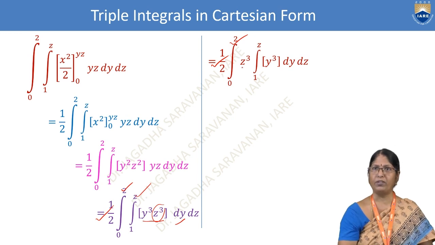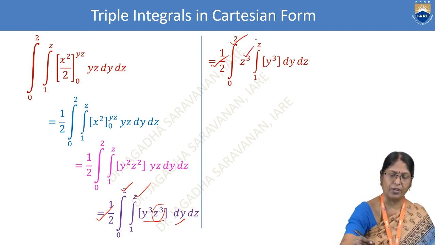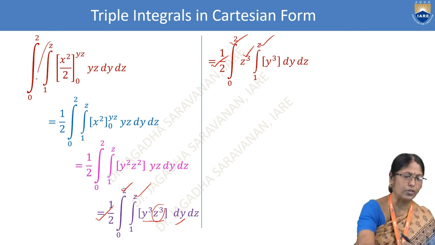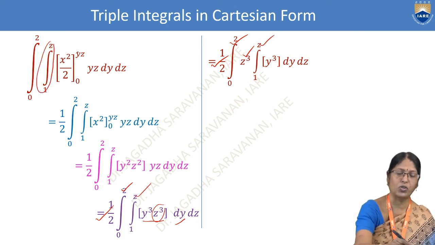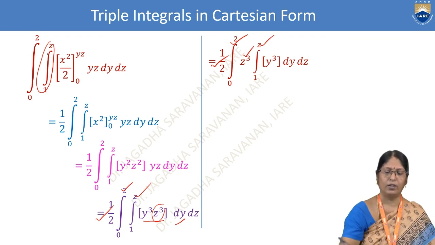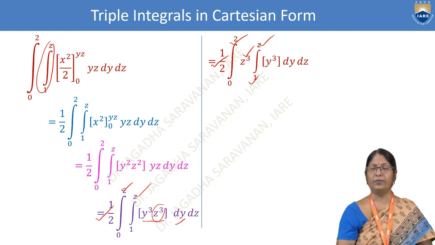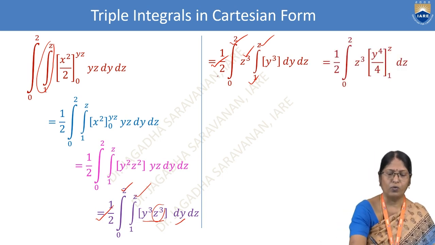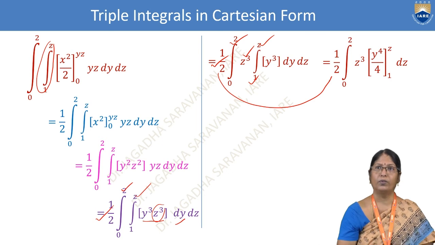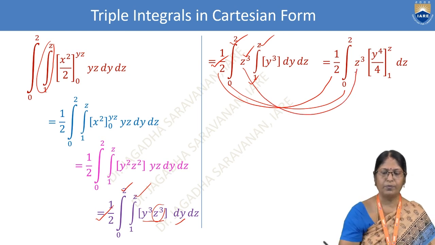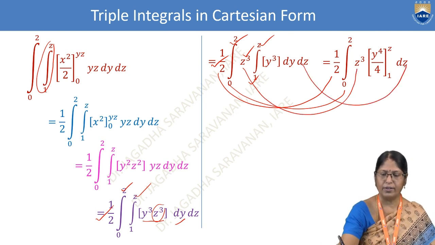So we kept z cube here. So the innermost is completed. The middle one from 1 to z, y cube dy dz. Now this is the 1 by 2, here from 0 to 2, and this z cube and dz.